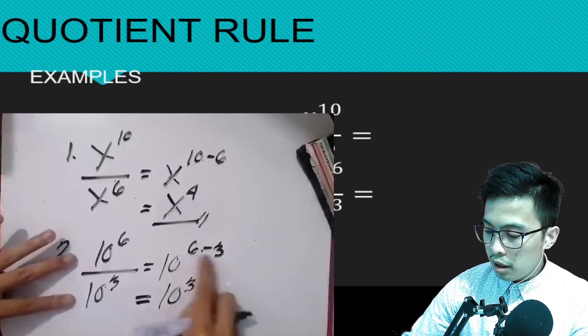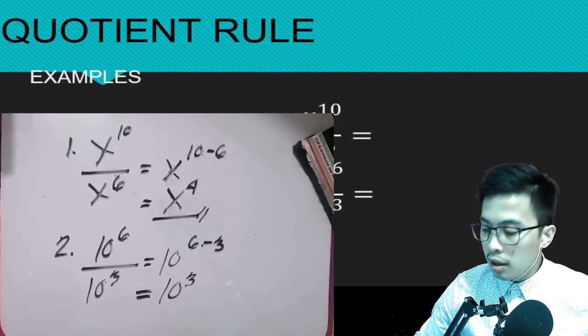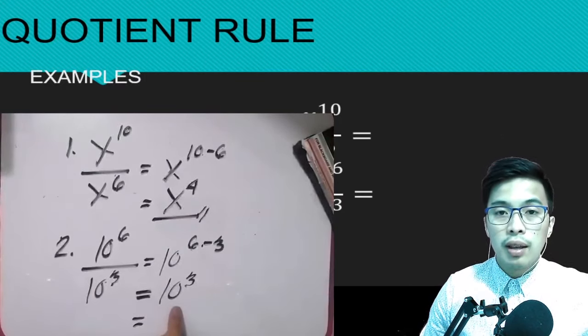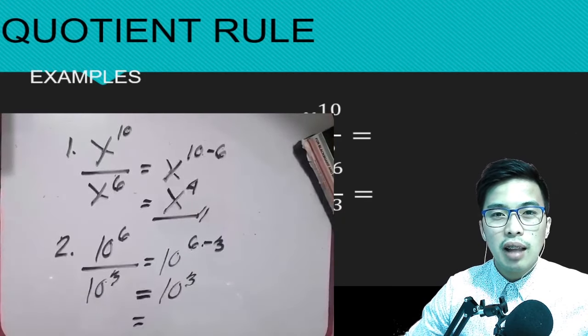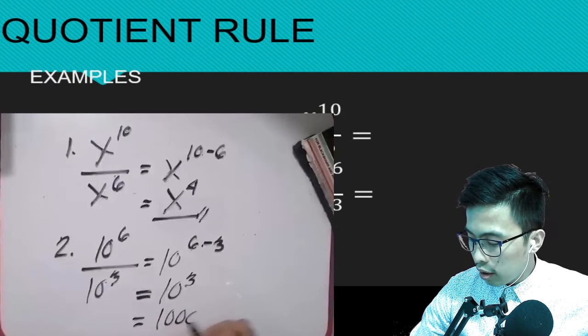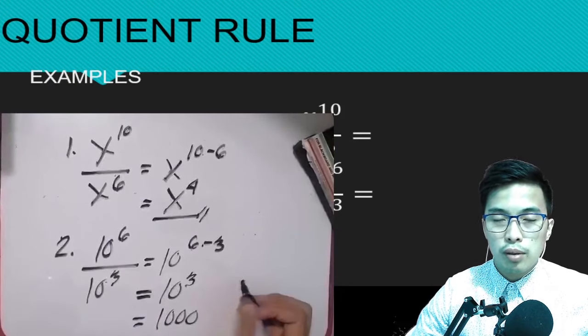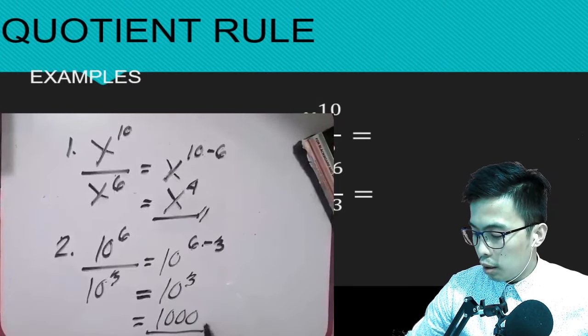Bakit naging 3? 6 minus 3. Again, this is not yet simplified. So the simplified form of this 10 raised to the power of 3 is 10 times 10 times 10. So that is equivalent to 1,000. So 10 times 10, 100 times 10, 1,000.